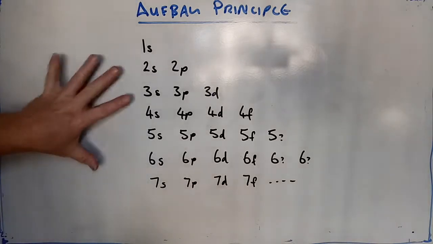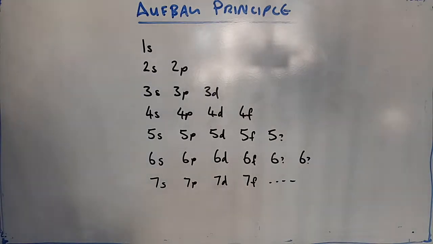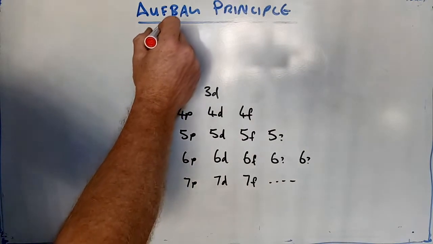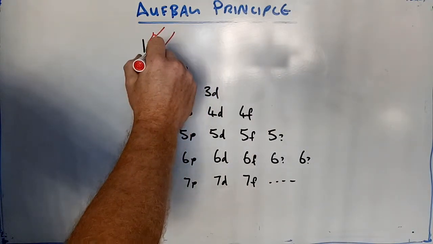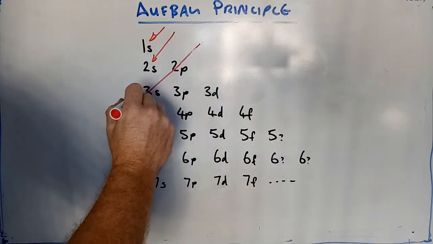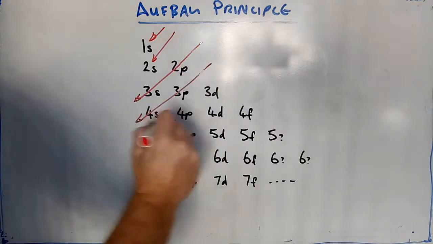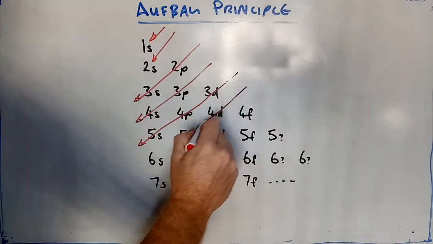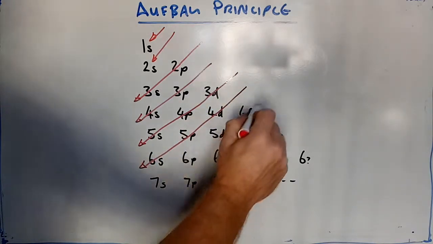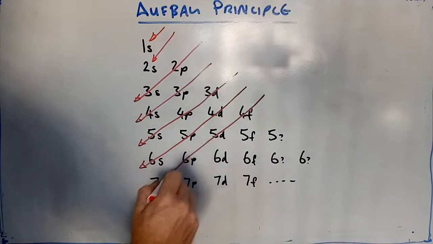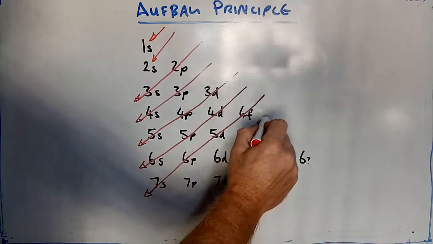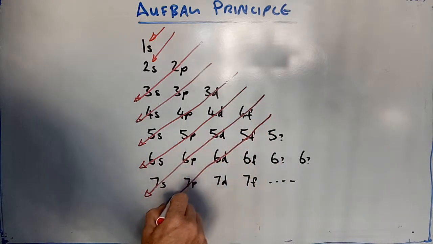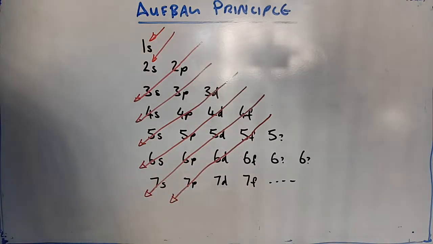If we list all the shells and subshells in a kind of triangle-shaped table, then the lowest energy order of filling happens along the diagonals. 1s, then 2s, then 2p and 3s, then 3p and 4s, followed by 3d and 4p and 5s, then 4d, 5p, 6s, followed by 4f, 5d, 6p, 7s. Next is 5f, 6d, 7p, and these are the biggest atoms we have.